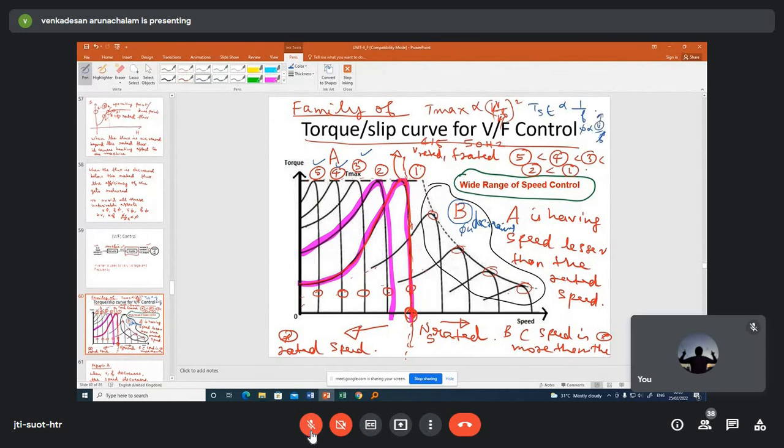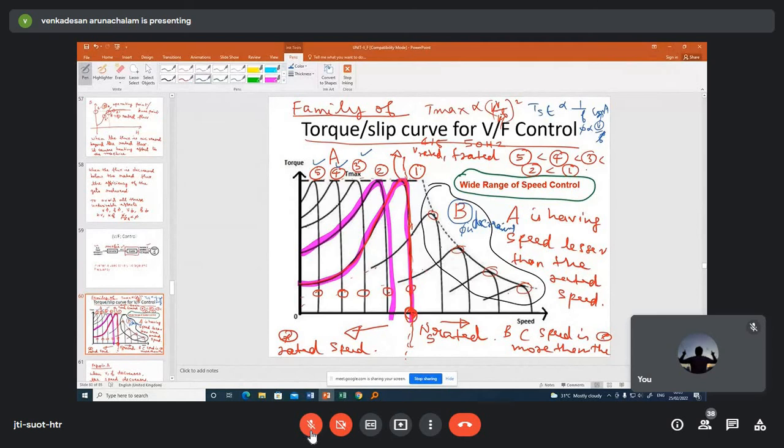When you increase the frequency, flux will decrease and maximum torque will also decrease.